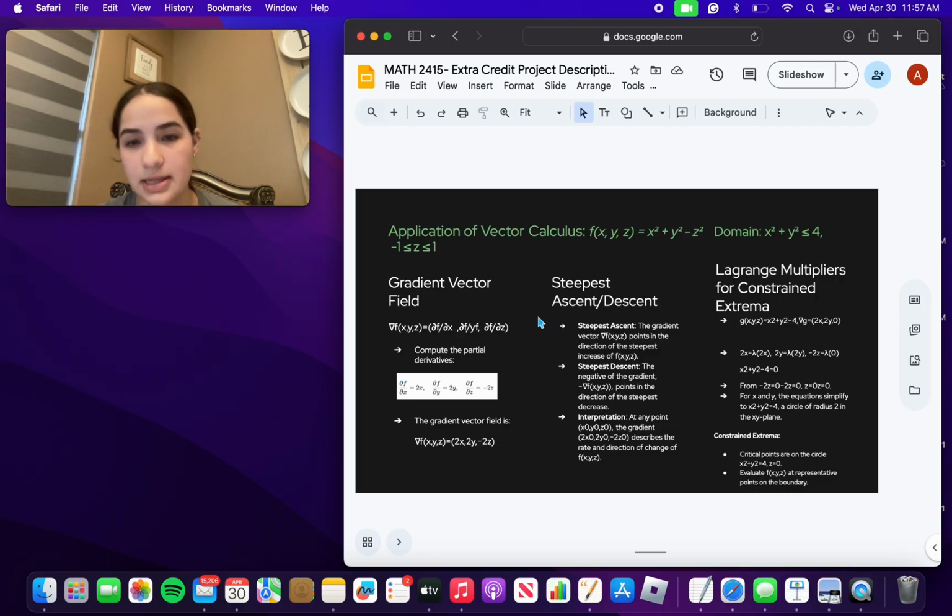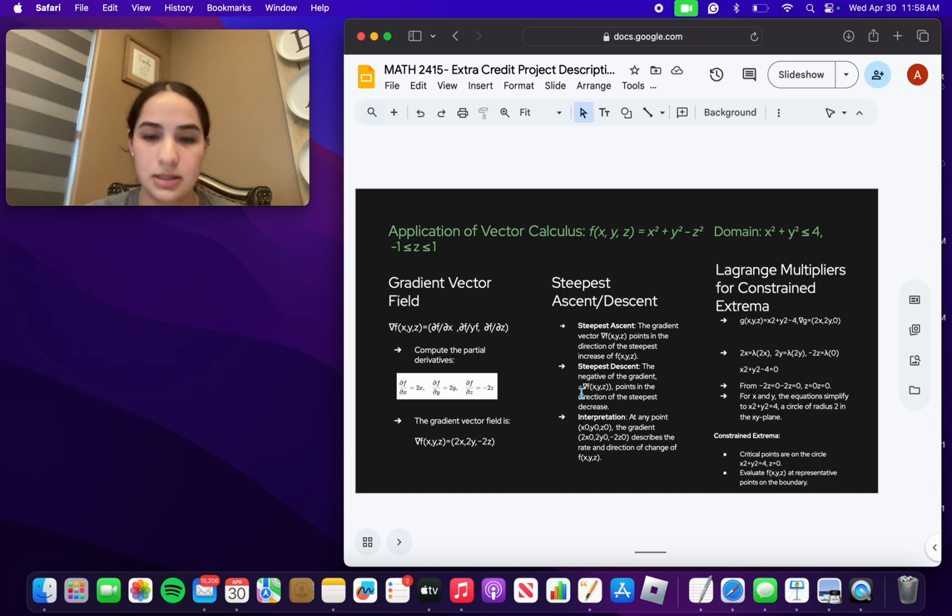For the steepest ascent and descent, the gradient vector of f points in the direction of the steepest increase of the function. The steepest descent, the negative of the gradient, points in the direction of the steepest decrease.